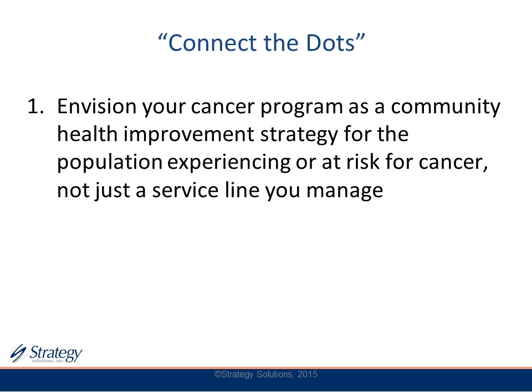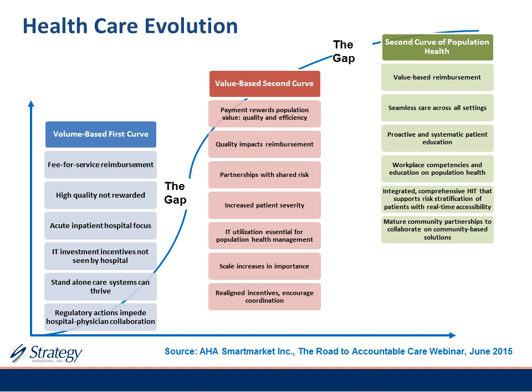I'm first going to talk about how you envision the cancer program as a population management strategy. Well, first of all, you think about the healthcare evolution and where we are going in healthcare. We're moving from a volume-based first curve, and many of us in our daily lives in cancer programs are still in the fee-for-service world.